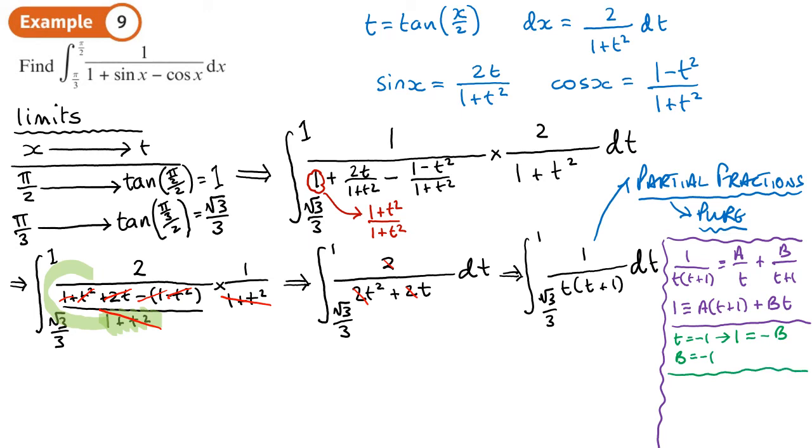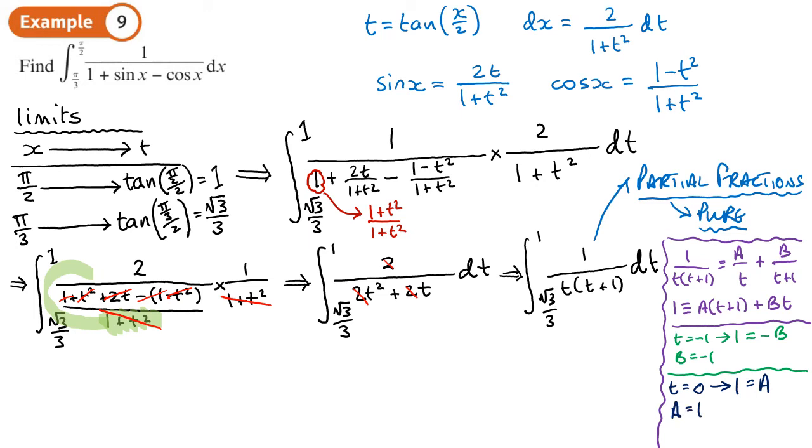And then if we substitute t equal to 0, that will eliminate the b term, so I'll have 1 is equal to 0 plus 1 is just a, so a equals 1.